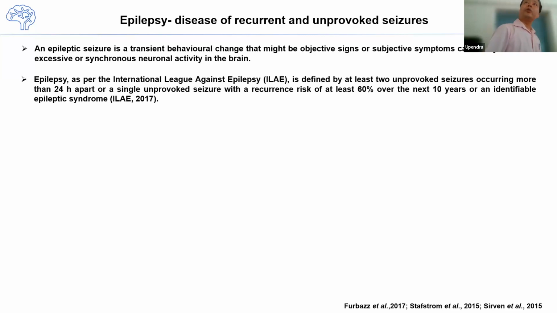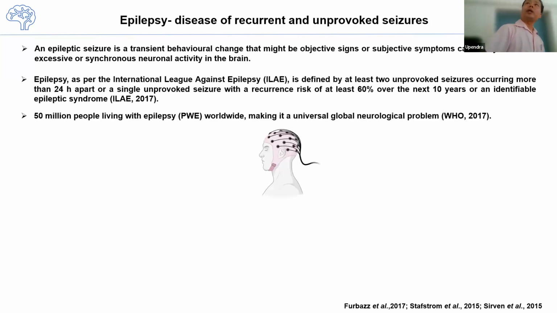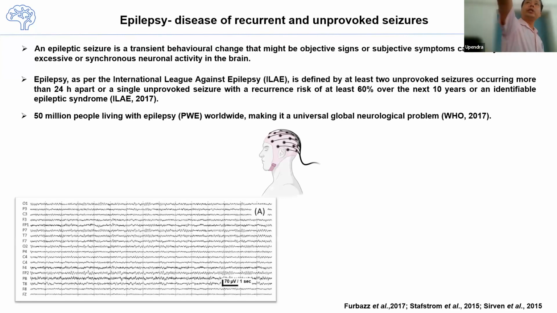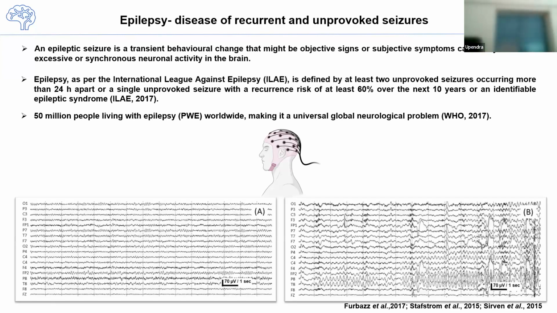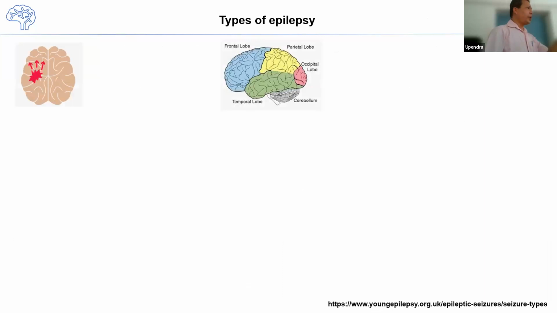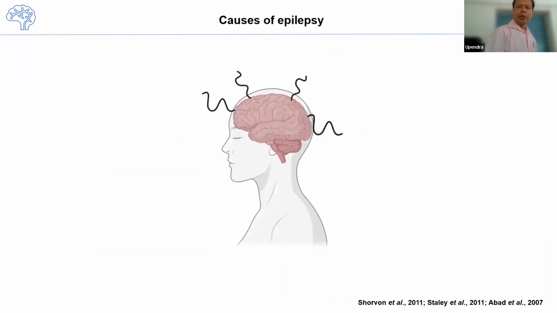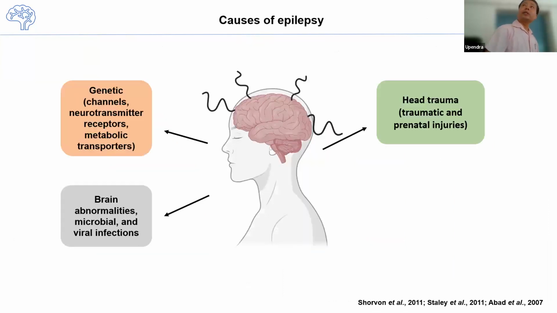Epileptic patients have a particular neurological readout, which an EEG will show. There are types of epilepsy depending on where the brain is affected or the genetics, but let's not worry about that. These are the major things.